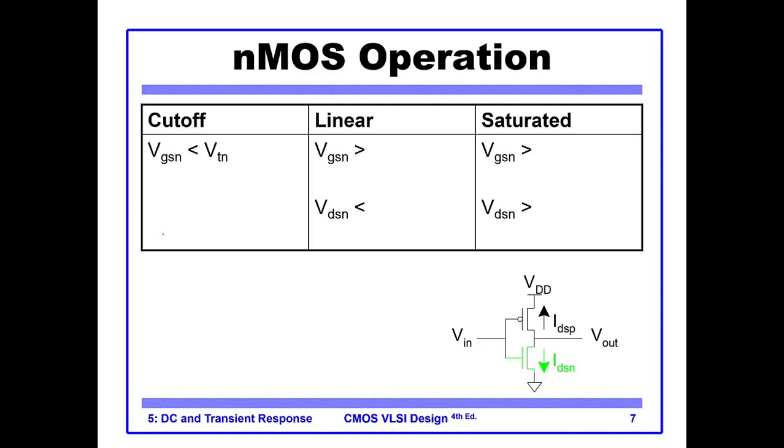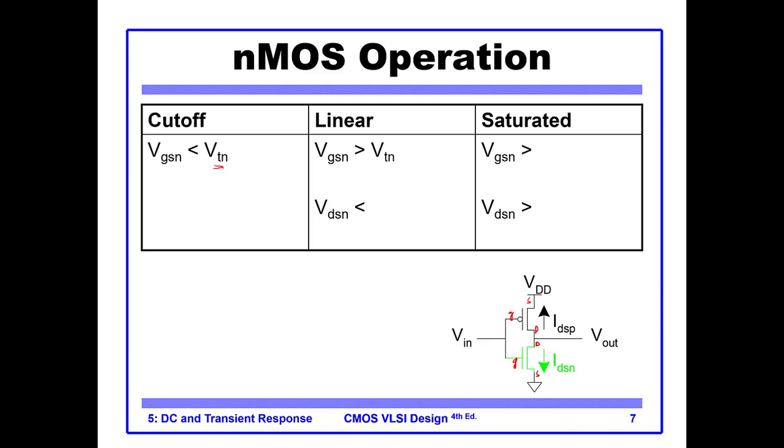So for an NMOS, we have the gate, the source, and the drain. When the gate to source voltage is less than the threshold voltage, the transistor is off, it is in the cutoff region.